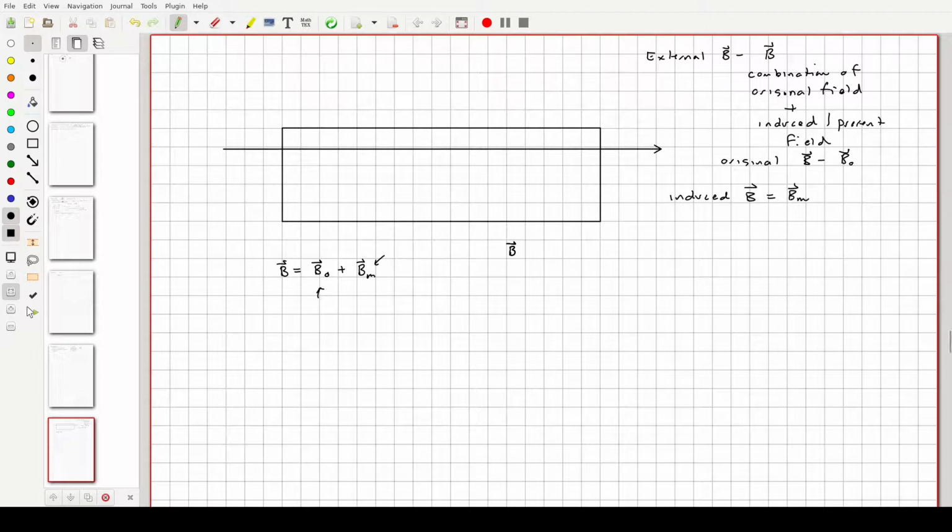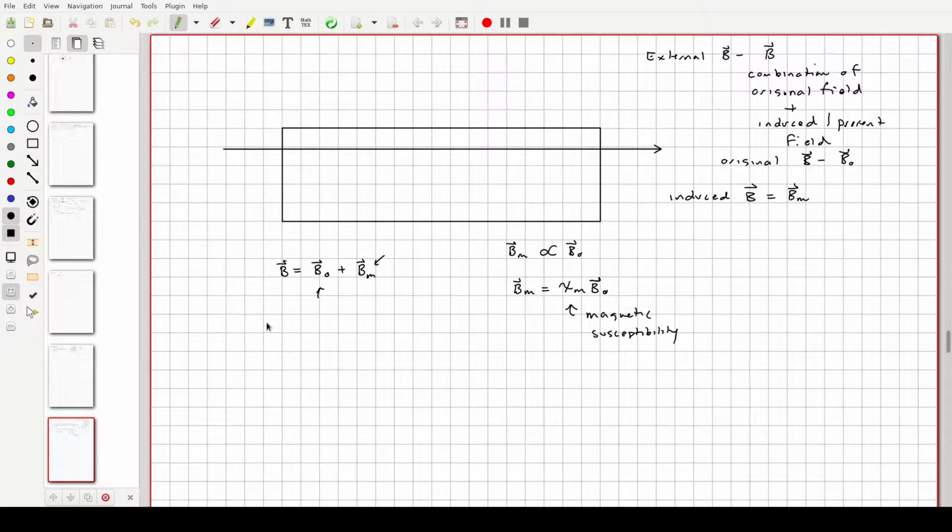Now, thankfully, this alignment is going to be a function of this right here, which means that B magnetic you can think of as being proportional to how much field you pass through. Now, the constant of proportionality that we put there is something called chi magnetic. It's the magnetic susceptibility. And that's the relationship between the two.